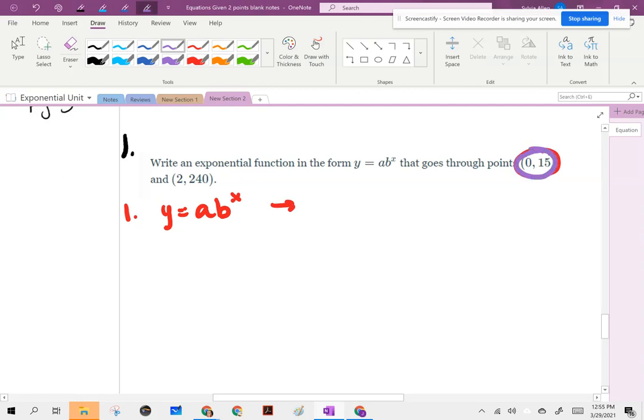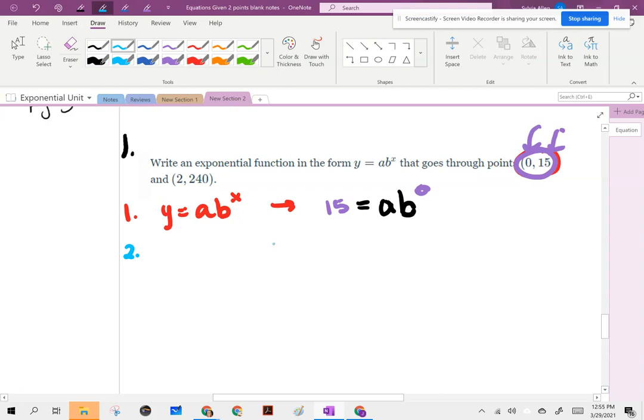So I'm going to color code it for you. The y is 15 is equal to a, b, and then the x in this portion is 0, right? The x is here and the y is here. And then what we are supposed to do for step 2 is to solve for a.